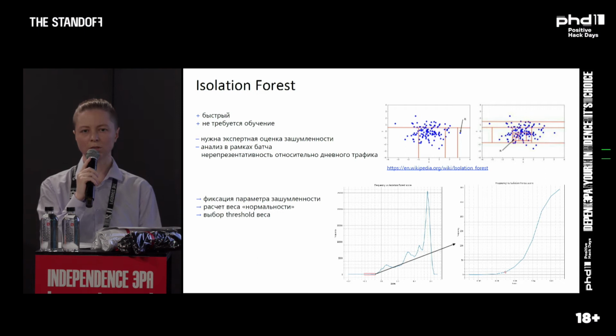If it's very hard to isolate and it's surrounded by other points, the algorithm believes it's a normal point. The pluses for this algorithm were its speed and the ability to process a big flow of events, and at the same time it's a plus and minus. Isolation forest does not require preliminary training, so points are singled out inside the batch.